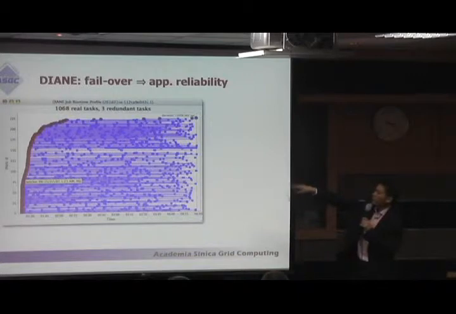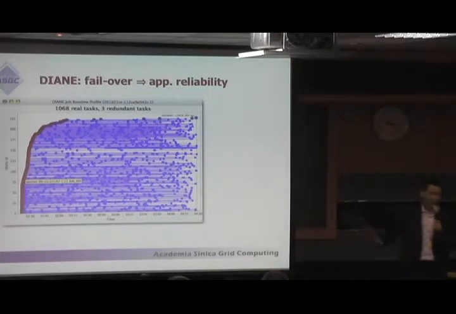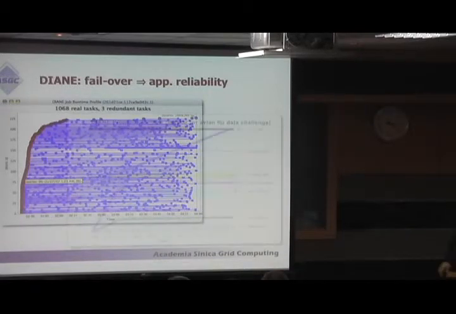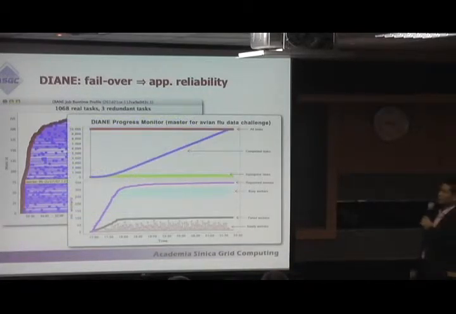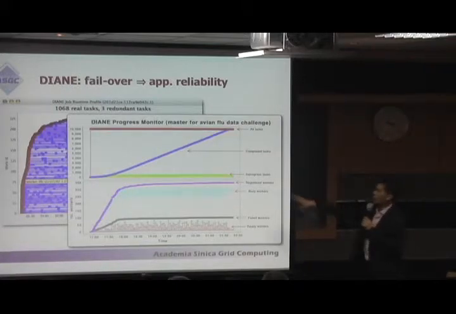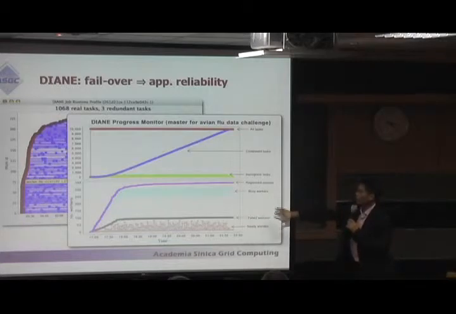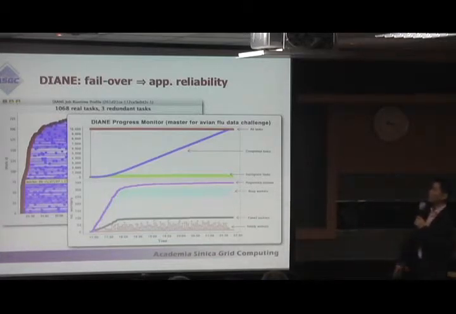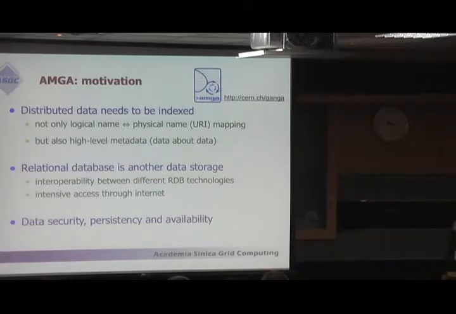You can see some workers just stop at some point before the whole thing is finished. That means there are some network errors, something like that. But by using the prototype Diane, we can hide all these complexities and failures, and achieve a very stable throughput for the users. And actually, this is a 100% success rate for this large-scale application.